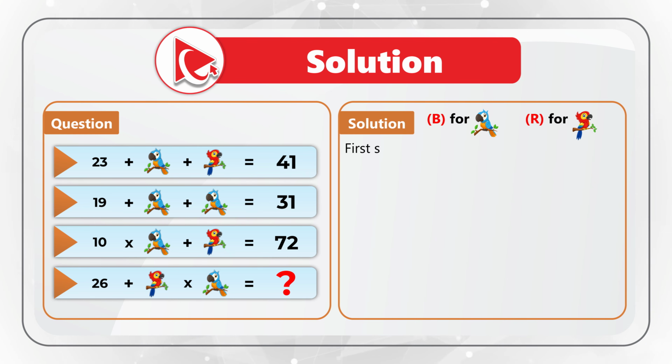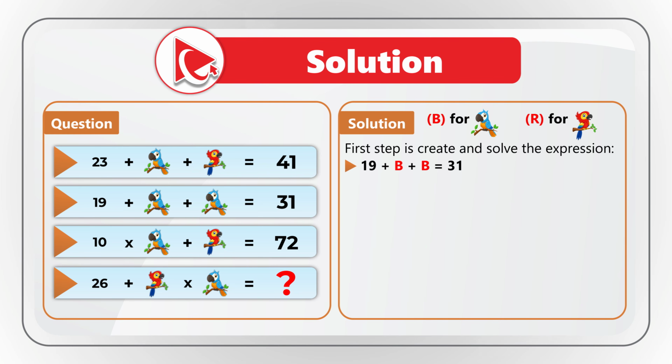So the first step here is to create and solve an expression. The easiest one to solve is the second expression with 2 blue parrots. 19 plus B equals 31, which means that B equals 31 minus 19, which equals 12.